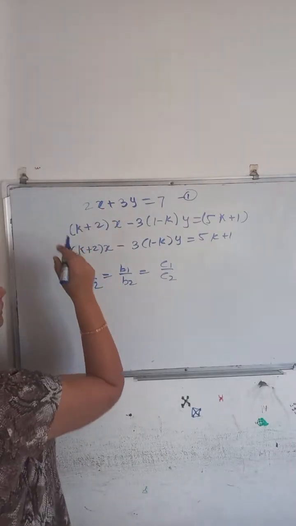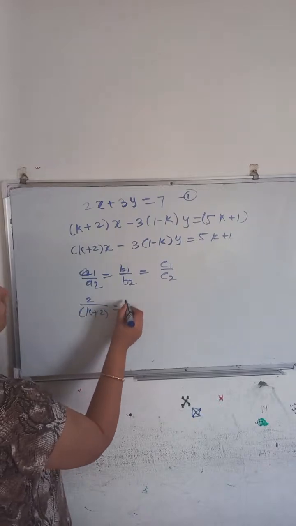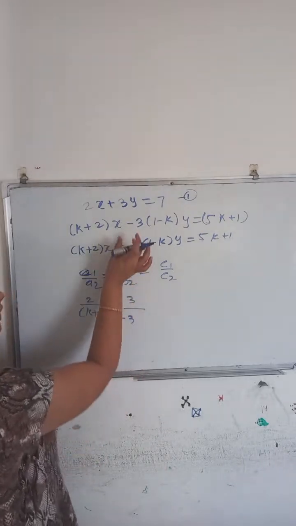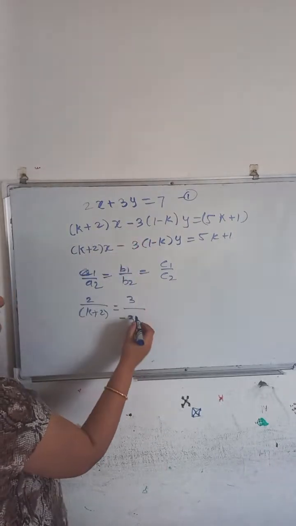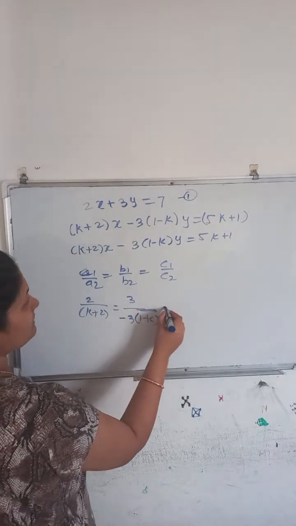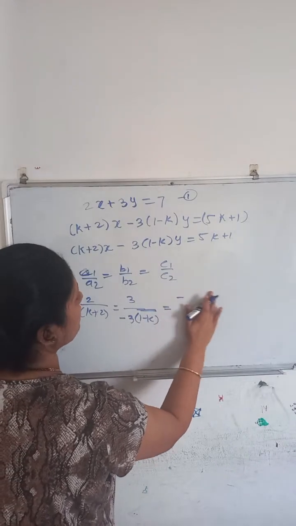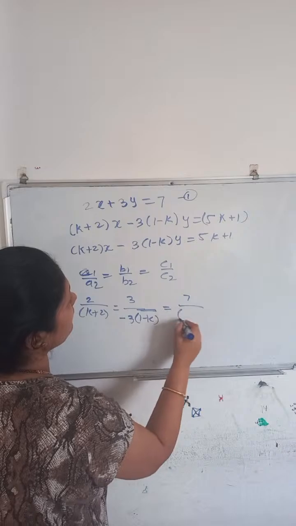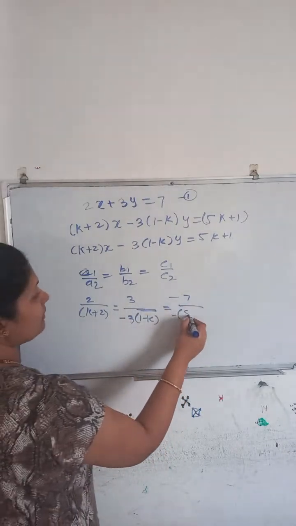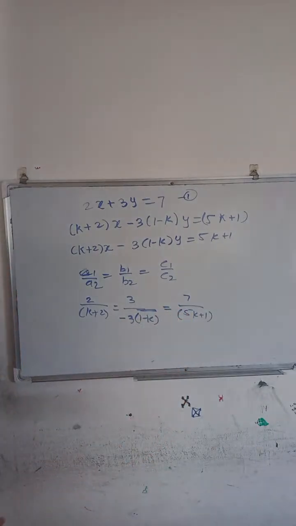So here a1 is 2 and a2 is k plus 2. b1 is 3 and b2 is, along with the sign, minus 3 into 1 minus k. And c1 and c2: minus 7 upon minus 5k plus 1. Anyhow, minus and minus get cancelled.